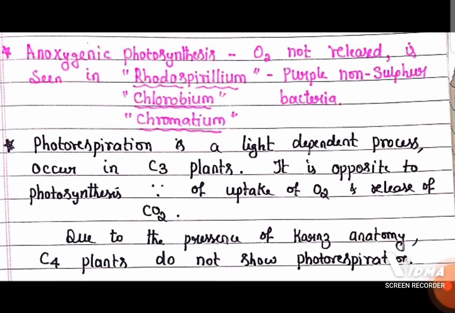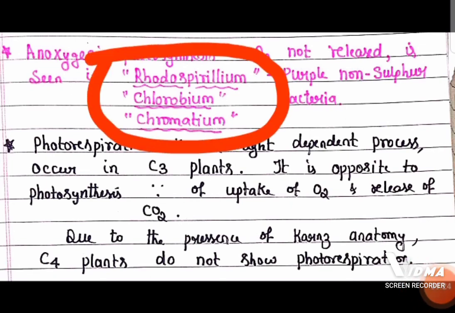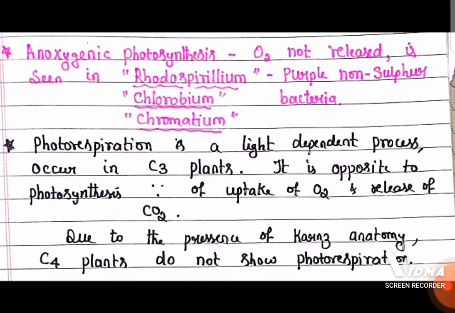But there is anoxygenic photosynthesis also, which we can observe in some bacteria, where oxygen is not released. That photosynthesis is called anoxygenic photosynthesis. Examples: rhodospirillum, which is a non-sulfur purple bacteria, chlorobium, chromatium. These are some of the bacteria where we can find anoxygenic photosynthesis.